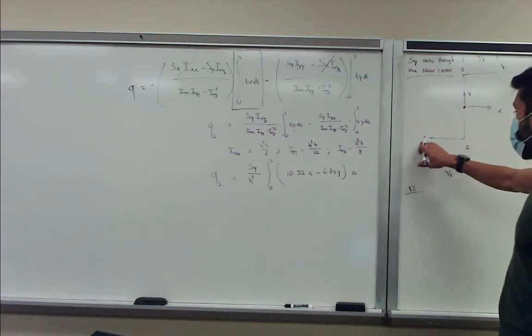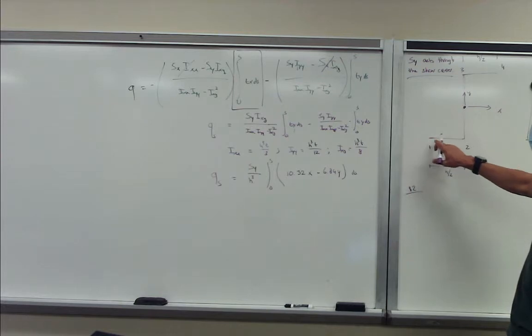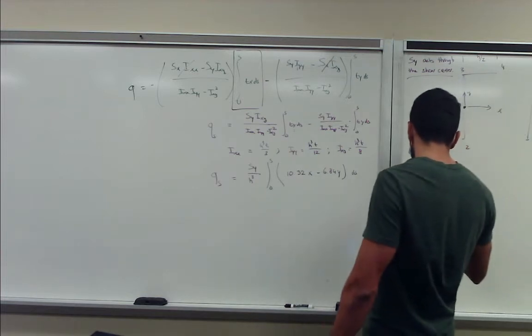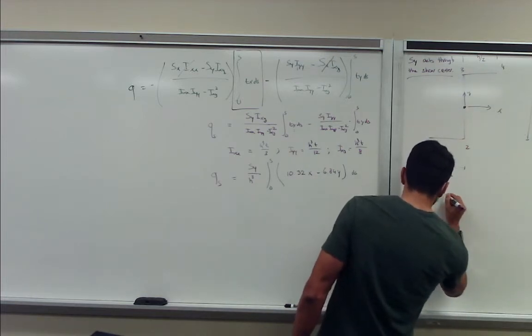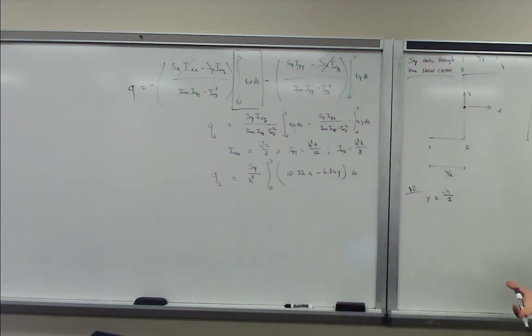So we start at y here, so that's negative h over 2. And the y coordinate does not change as we move along our path. So our y coordinate remains negative h over 2. Does that make sense? Okay, because that doesn't change. We remain on a flat section.